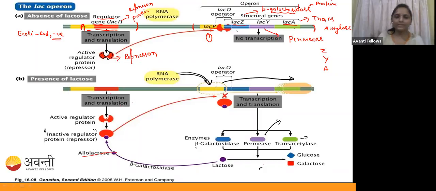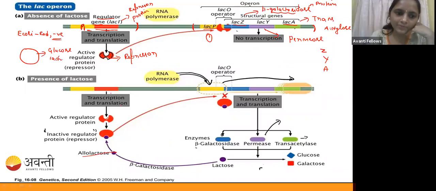Okay, guys. Now I will tell you one thing. In bacteria, we grow the bacteria on a culture medium. This is a culture plate, where the media are present. For the carbon source, we will use glucose, and lactose also.